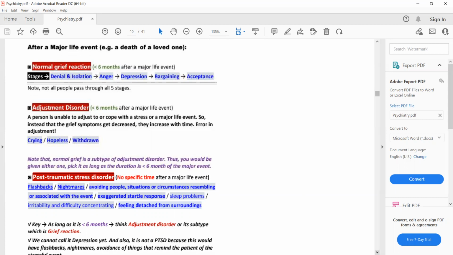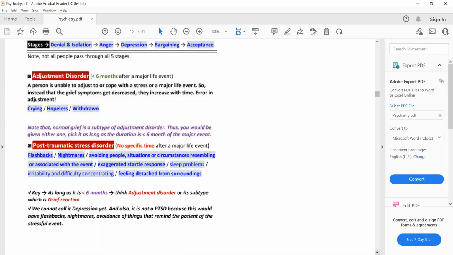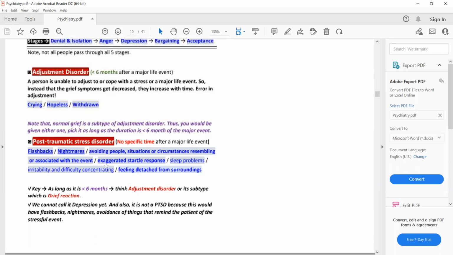And if after a major life event, someone gets flashbacks, nightmares about that event, avoids the people or situations or circumstances that resemble or are associated with that event, has exaggerated startle response, sleep problems, irritability and difficulty concentrating, and feels detached from surroundings, then you will label it as post-traumatic stress disorder.